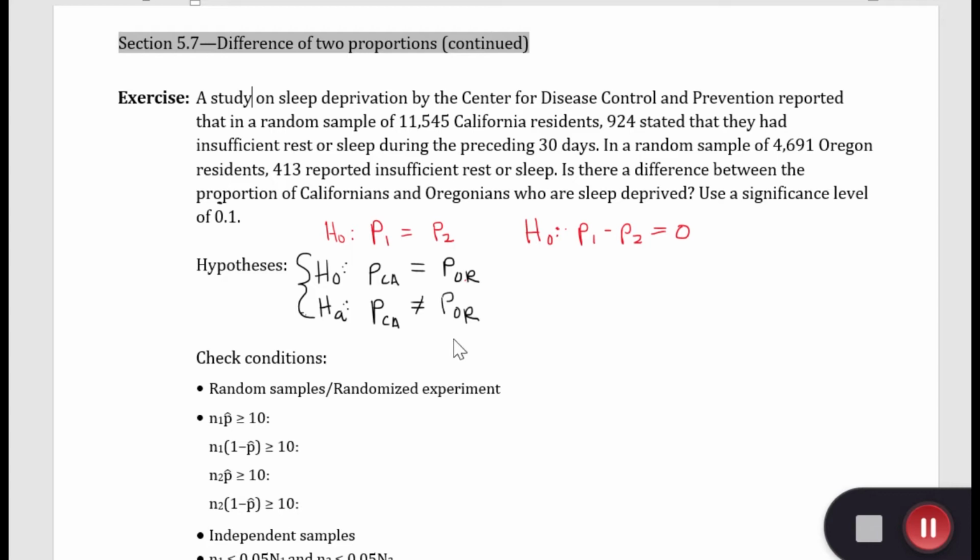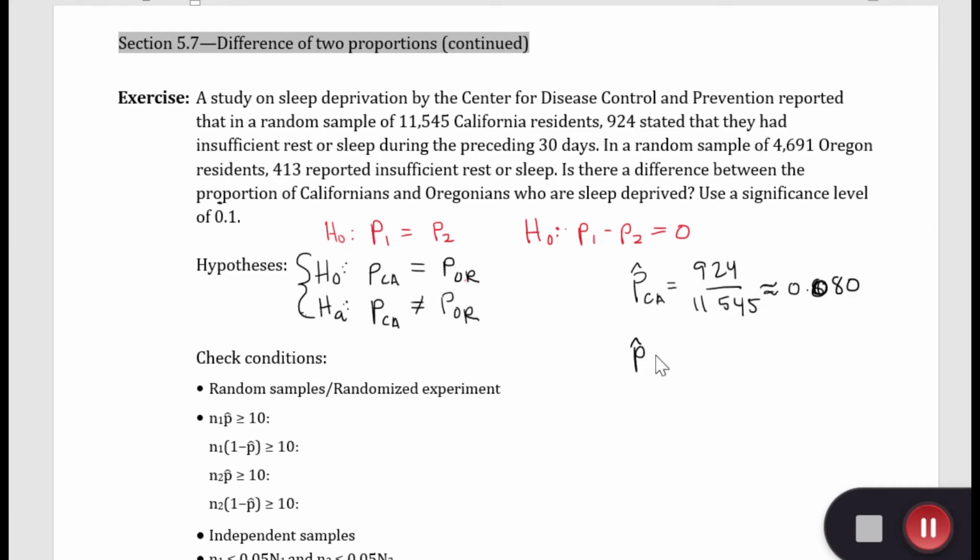okay? So now that we have our hypotheses, we've got to think about what we're actually looking at, right? So we have a sample proportion of Californians where we have 924 over 11,545. And this is about 0.080.